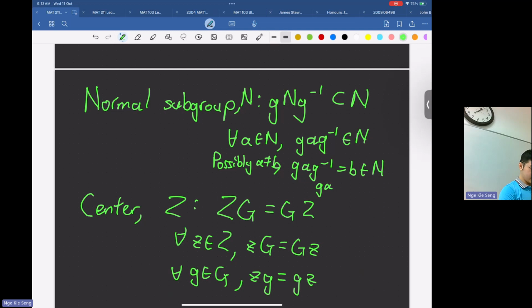So to use the cancellation law, maybe you can get ga equals to bg.